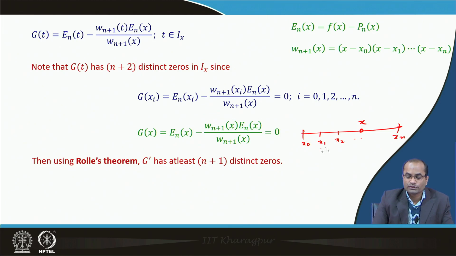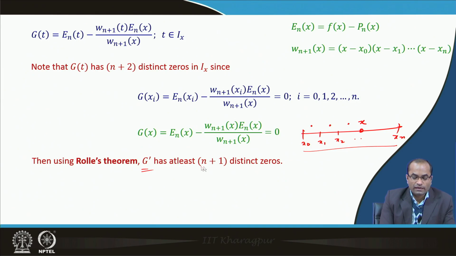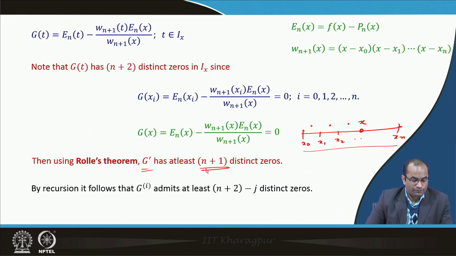So, there are n+2 points there, and between each two of these zeros there will be one point where g prime will be 0, and when we count, this will be just one less than the number of these zeros. There were n+2 zeros, so g prime will have n+2 minus 1, that is n+1 distinct zeros.